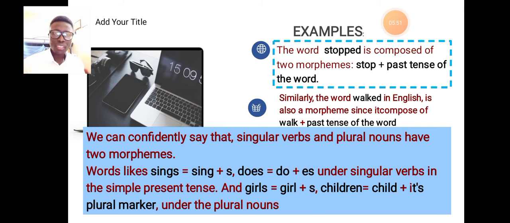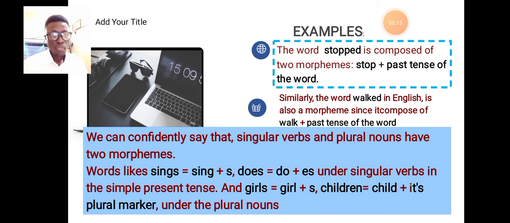So what we are saying is morphemes can be plural nouns, whether regular or irregular. For example, we have girls. Okay, we know girl is a noun. Girls is also a noun, but girl plus s gives us a different meaning from the word girl.